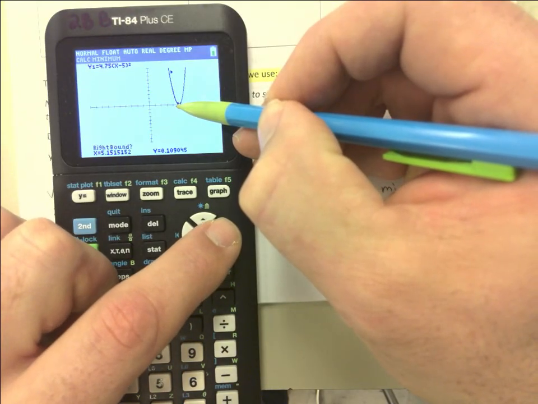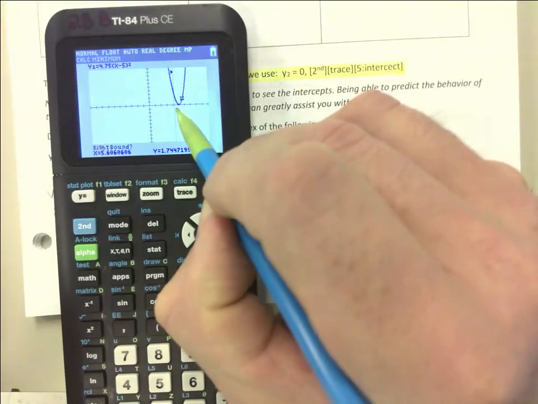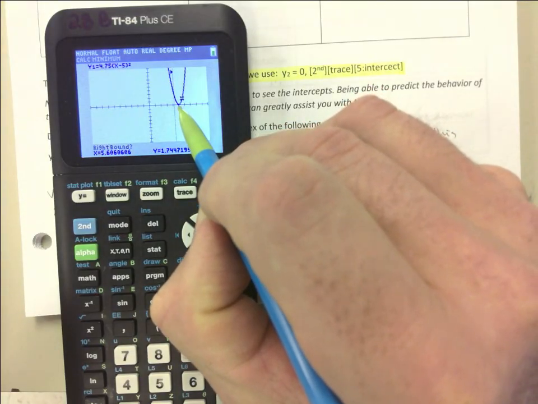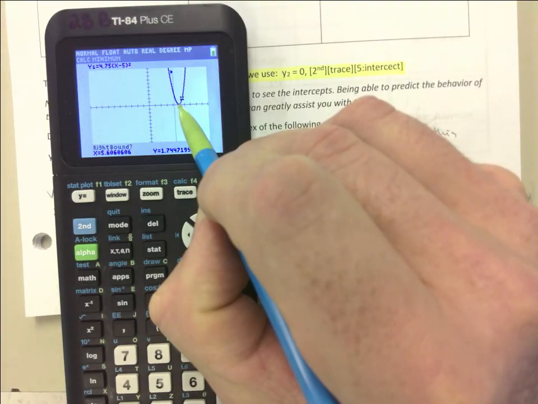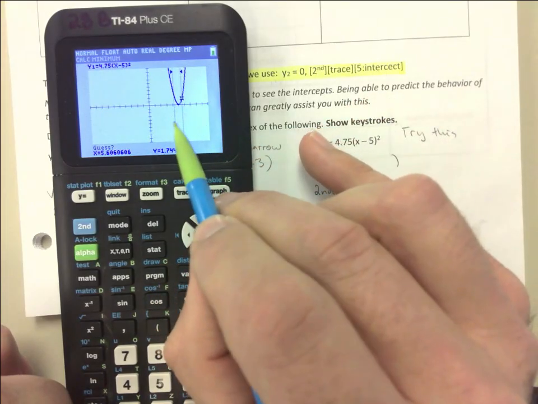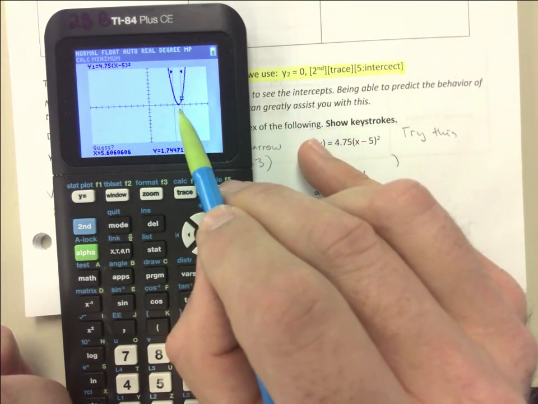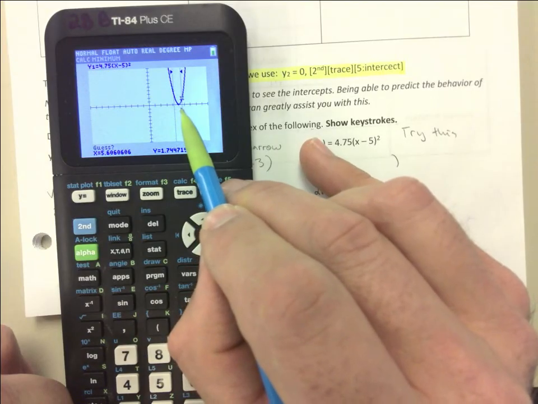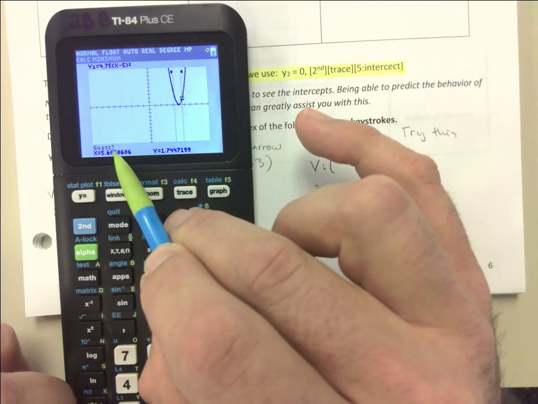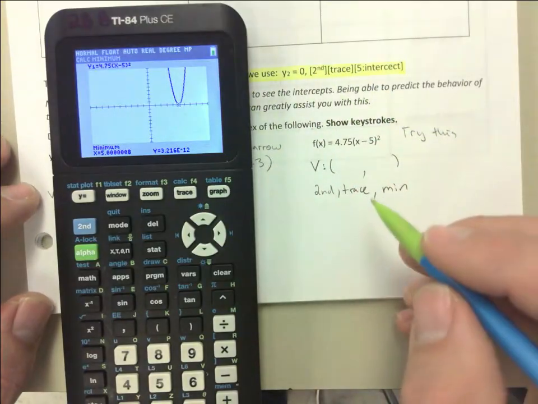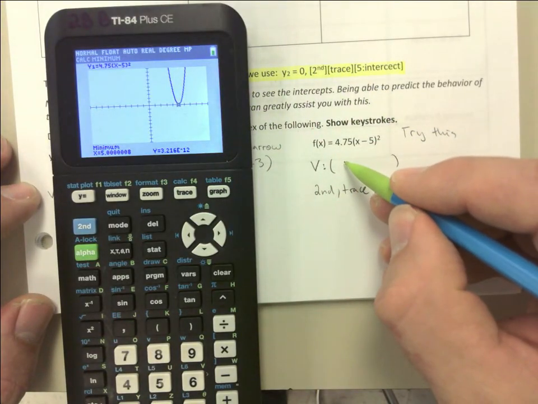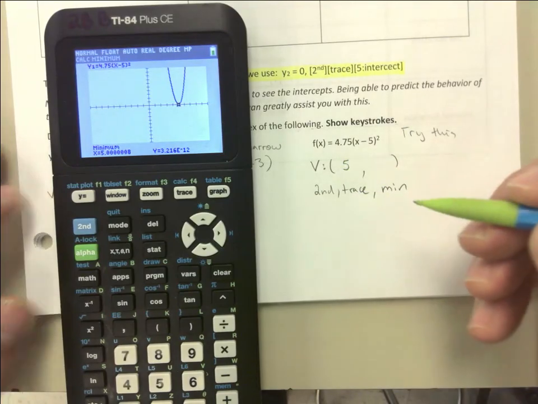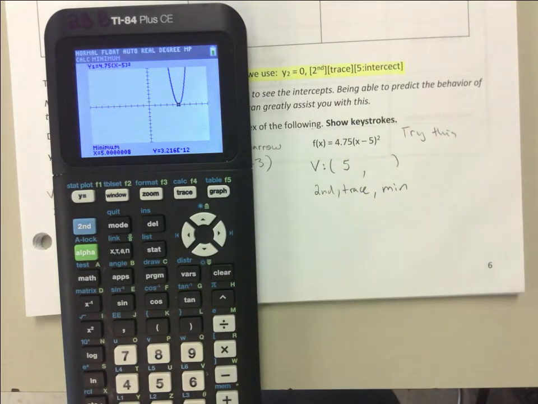So keep going to the right with the arrows until you get to the right of where the vertex is. You can clearly see where it is. You just don't know exactly. So hit enter. And now you see those two lines. You're telling the calculator it's somewhere between those two lines. When it says guess, you press enter again. There it is. And so it is 5. And what is that other one there?